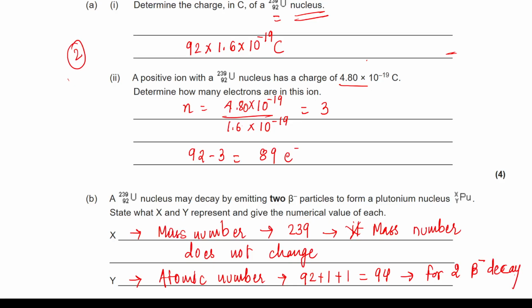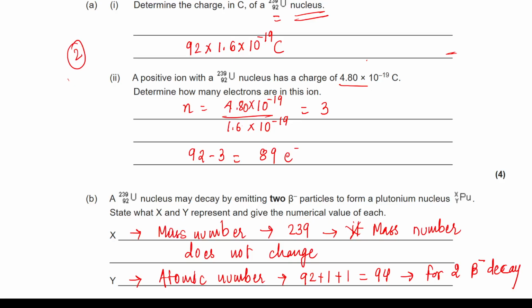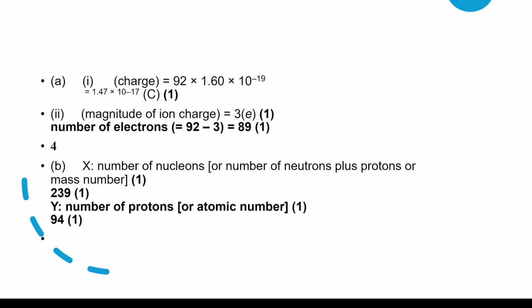Okay, let's just see the mark scheme. There you go. So X is the number of nucleons, nucleon number, or number of neutrons plus protons, or mass number. Any one of them is okay. Y is the number of protons, and it has increased to 94. So 94 gets 1 mark, and atomic number gets 1 mark. For the previous one, that's what is the charge.